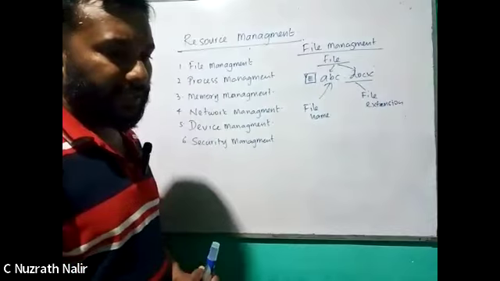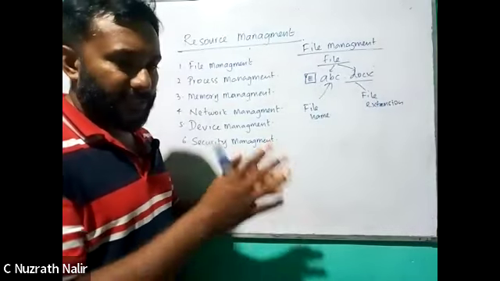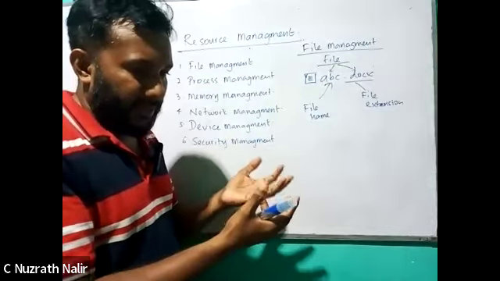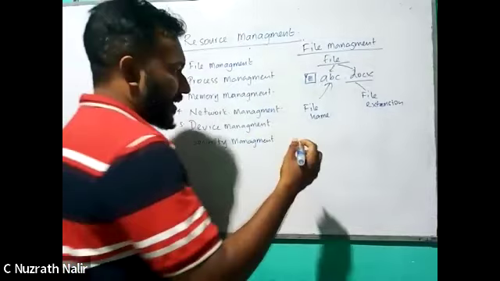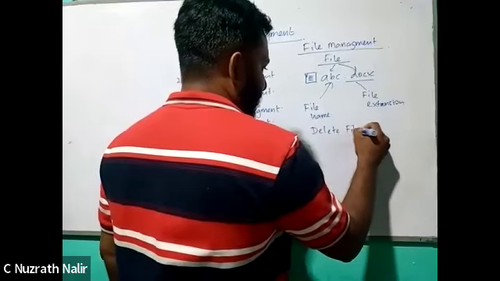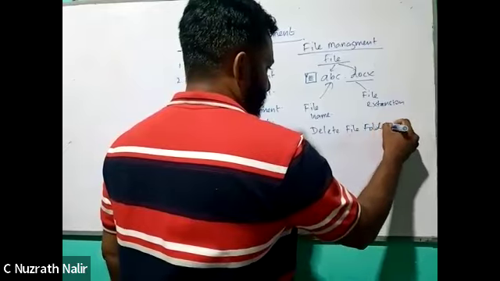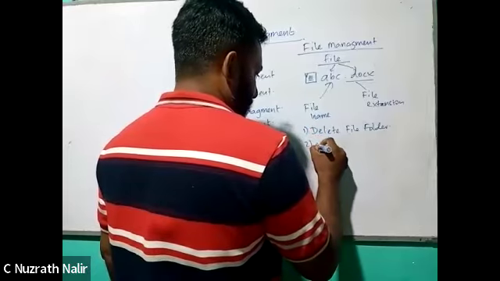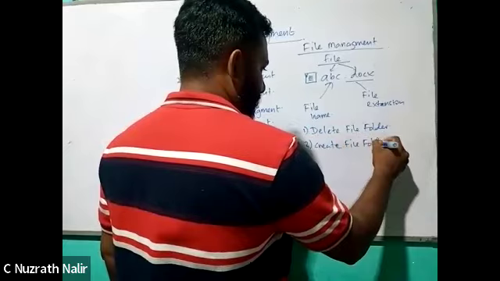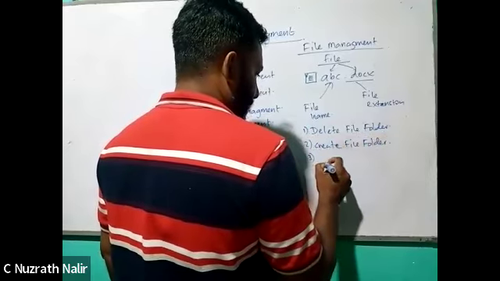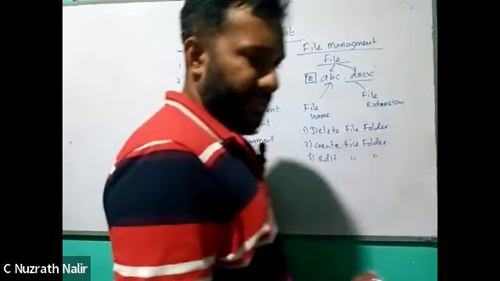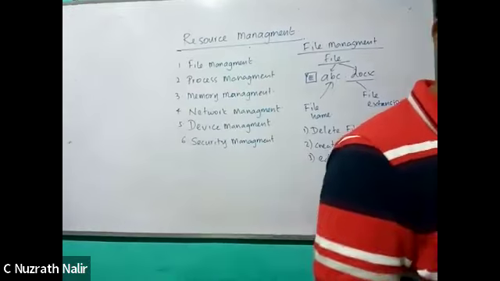Then you can create files and save them in a suitable place, C or D, and give names. You can delete files and folders, create files and folders, and edit files and folders, etc. These are the main options under file management.